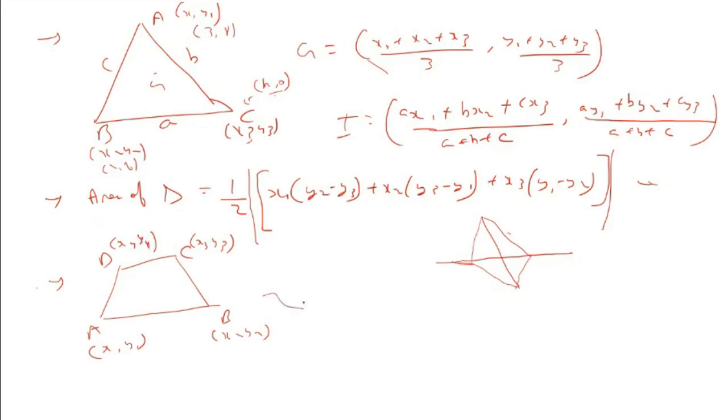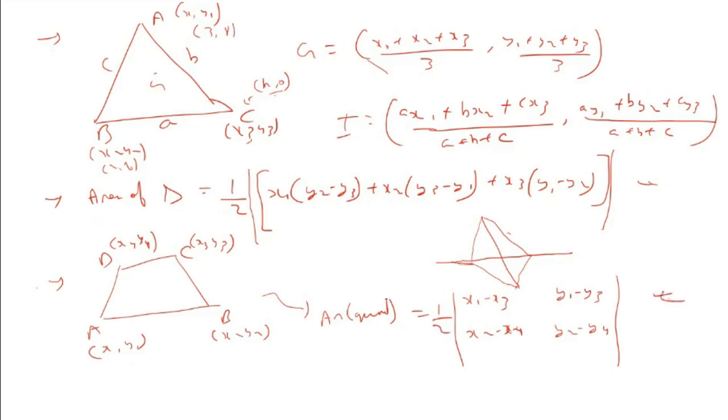The formula for the area of a quadrilateral is nothing but a simple matrix, which says x1 minus x3, x2 minus x4, y1 minus y3, y2 minus y4. That's it. And a half outside.